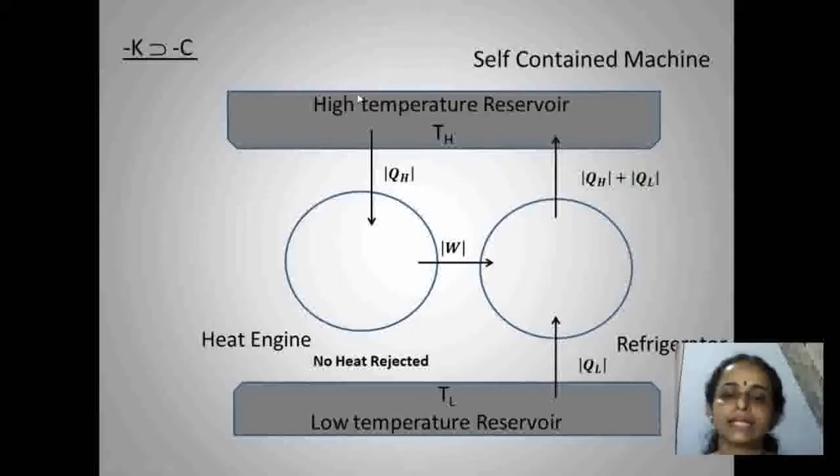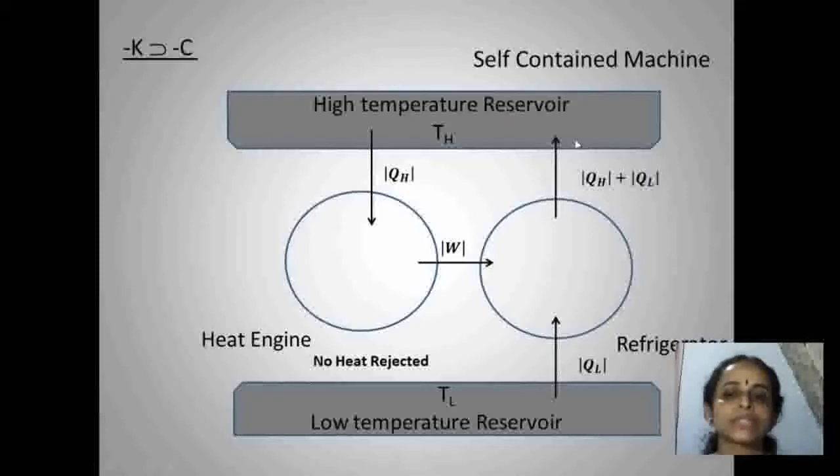You can see that the net heat transferred to the high temperature reservoir is, here QH is taken from the high temperature reservoir. Here QH plus QL is given to the high temperature reservoir.